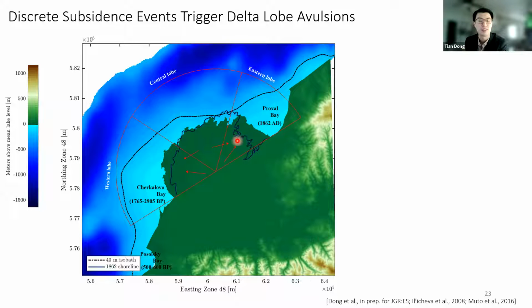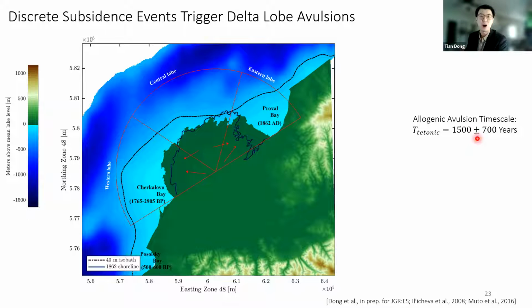As you can see, this eastern part of the delta has prograded significantly over the last 150 years or so due to this lobe avulsion. And as I showed in the background, we know that for this external delta lobe avulsion, the recurrence timescale is about 1500 years.